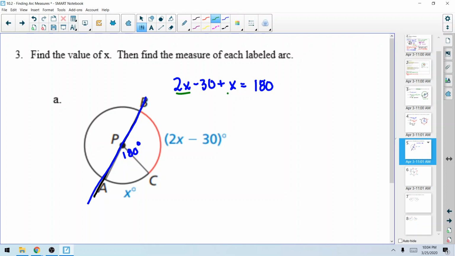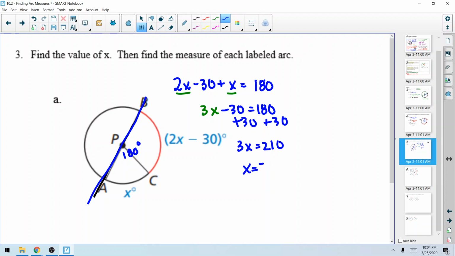Combine like terms. 3x minus 30 equals 180. Add your 30, which 3x equals 210. Divide by 3.